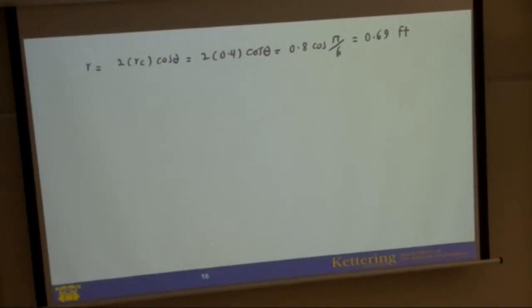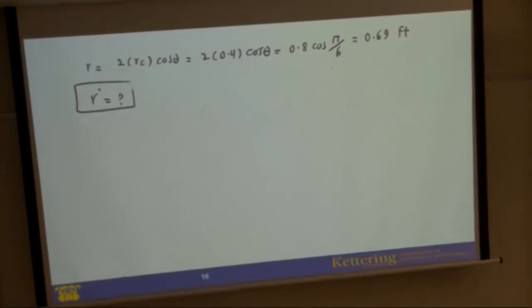Now, all students, please solve R dot. Please, all of you.